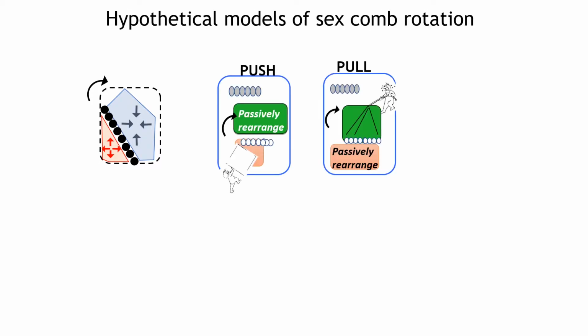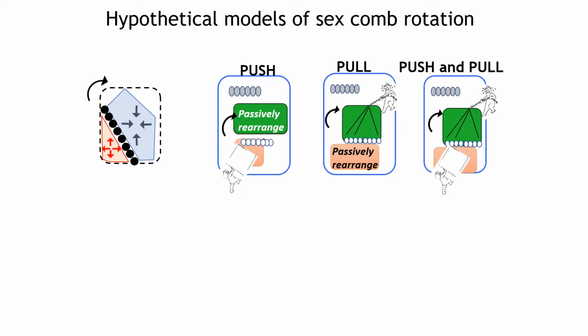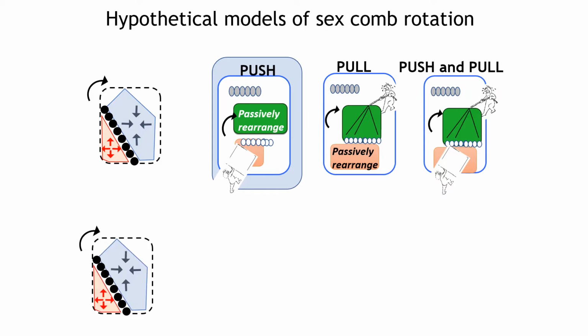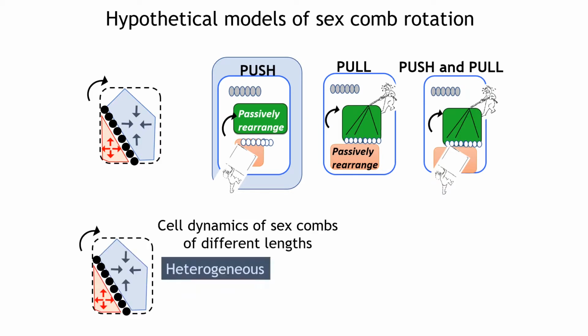Again, as I said in the beginning, we found that the cells are increasing in apical cell area here, while these ones are reducing in apical cell area. And this allows us to propose three models that we discussed in detail previously. From those models, the one that seems to best fit the data is the push model, because as I show you, in the blue section, the proximal region above the comb, the cellular processes are highly heterogeneous.